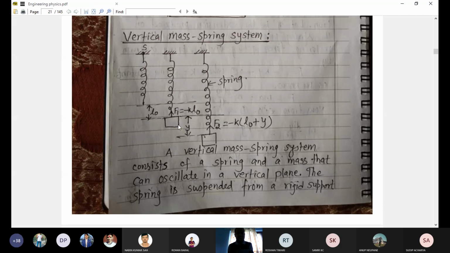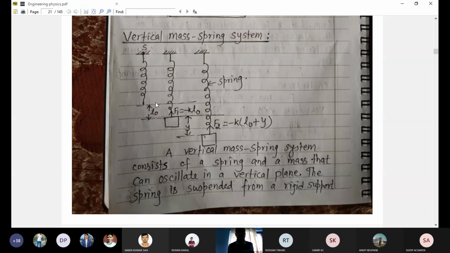Then the total extension produced on the spring in second case will be L0 plus y. ठीक छ? यो स्प्रिङ मा तिमीले फोर्स लगाएर तान्दिएपछि यो स्प्रिङ को टोटल एक्सटेन्सन L0 plus y भयो. ठीक छ? अब then what will be the restoring force acting on the spring in second case?